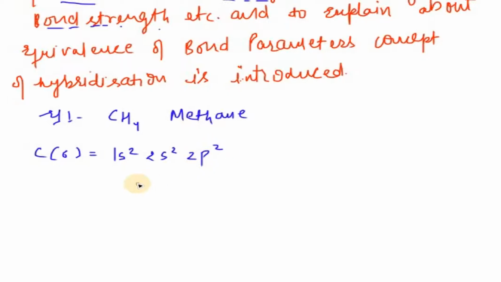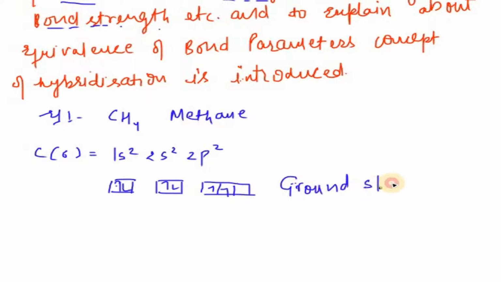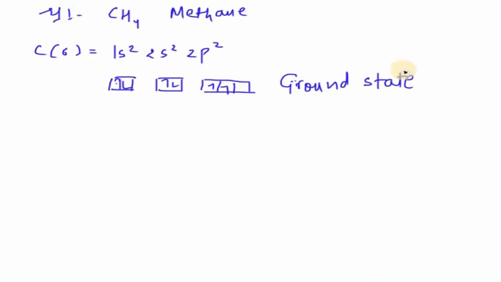Now if we try to draw its orbital diagram, 1s2 has 2 electrons, one is plus half and minus half. 2s2 again has 2 electrons, plus half and minus half. And in the p orbitals it has 2 unpaired electrons. Now this is its ground state.